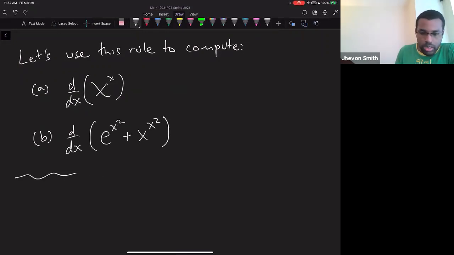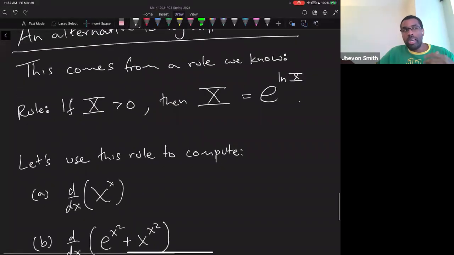Okay, now we did both of these with log differentiation, where we followed that process. Set y equal to this thing, log both sides, simplify the right side, solve for y prime. But with this rule, you'll notice that I'm going to be able to do this on the spot because I'm literally rewriting something in place. I don't have to set y equals this, log both sides.